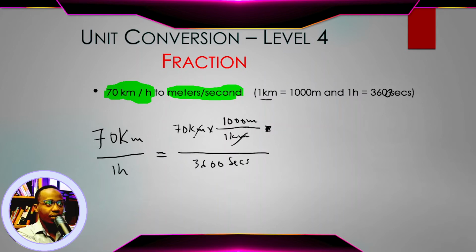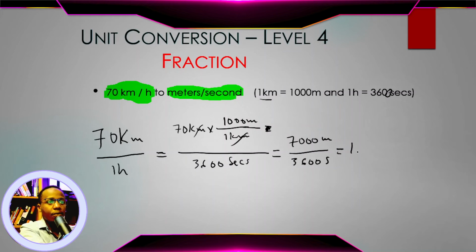So the kilometers cancel out. This is going to be equal to 70,000 meters over 3,600 seconds, and it's going to be 19.4 meters per second. So this is how you convert kilometers per hour to meters per second. It's still the same idea, but you just have to convert the top and bottom separately and then divide.